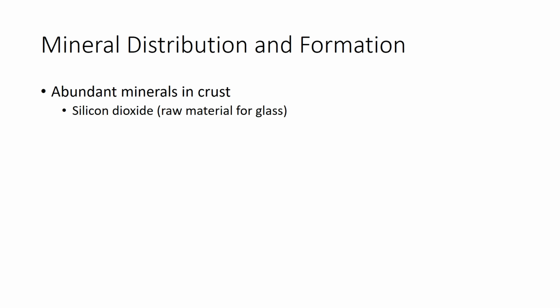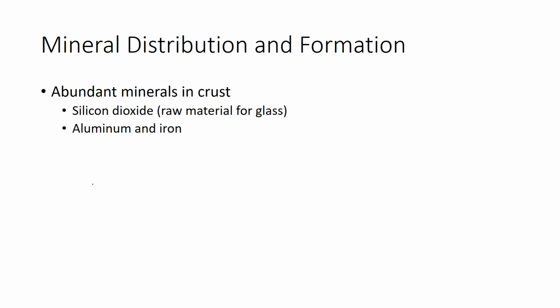Not that that's not a valid argument, it's just that silicon dioxide is the most abundant material in the Earth's crust, so we're not going to run out of it. In fact, if glass ends up in a landfill and we don't want to use raw materials for glass, we just go dig in a landfill and find some more glass. It's all over the place, okay?